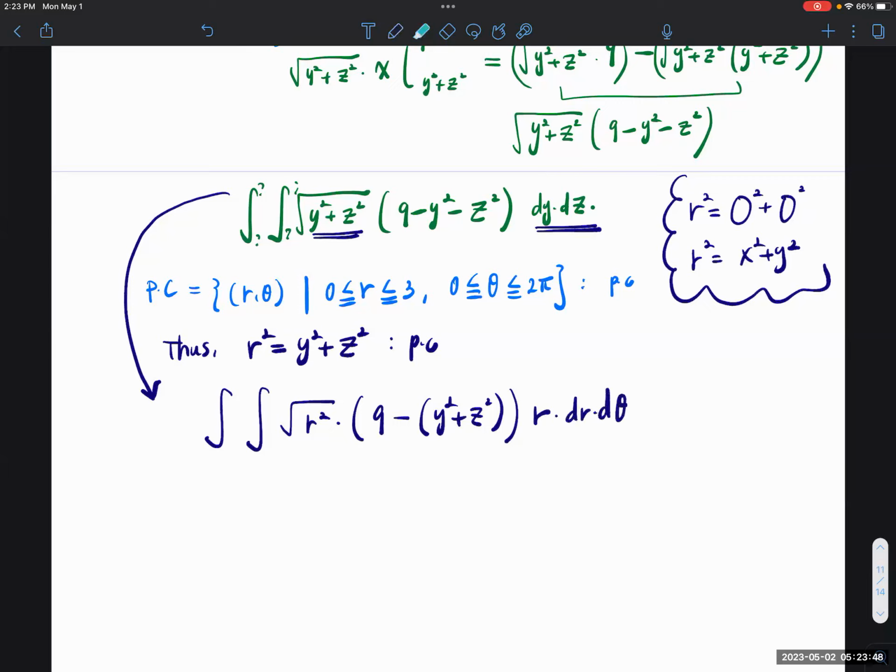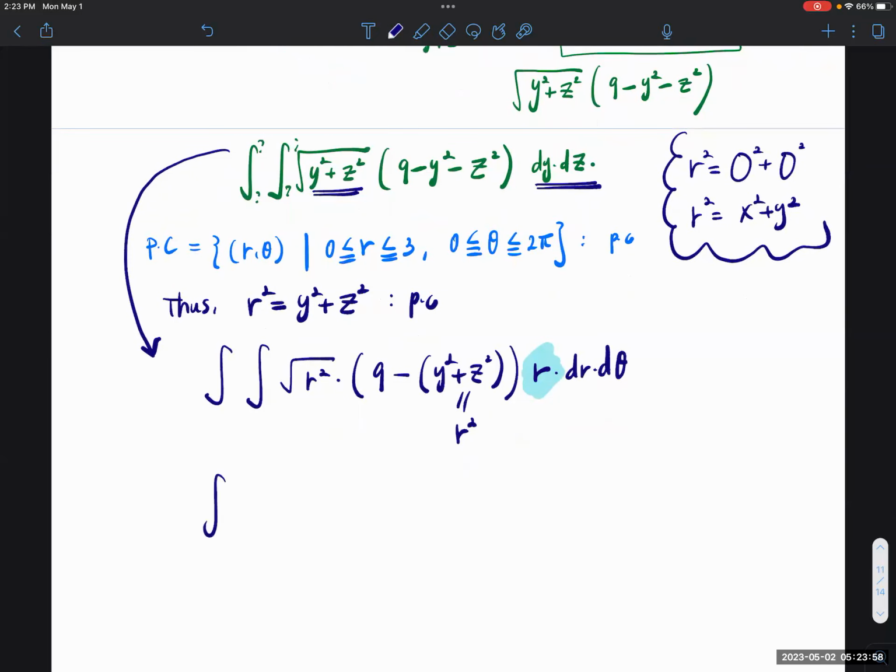So this is the formula, if you remember. Always you need to multiply by r at the end of the function. So this is r squared, correct? This one cancels, so we have r, 9 minus r squared, times r, dr d theta.